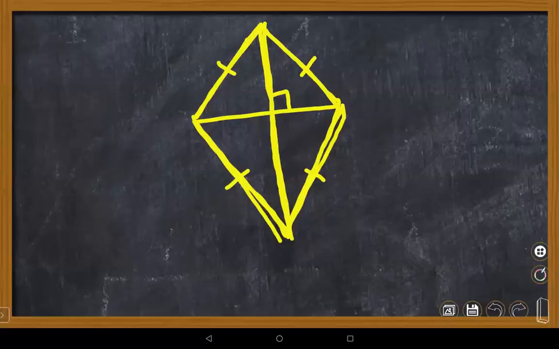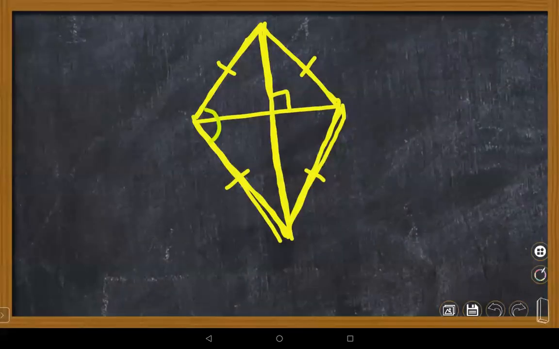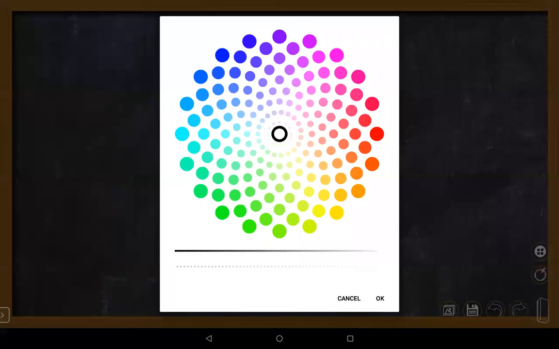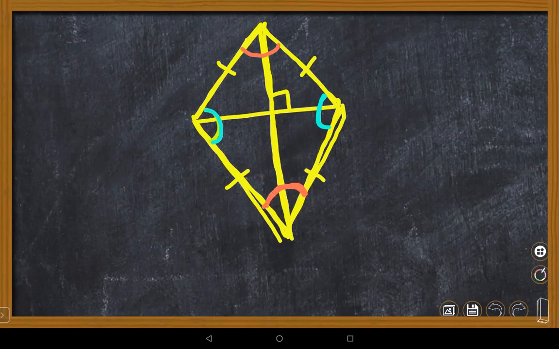Children, please remember this. If this angle is equal to this one, and if you take that, this angle is equal to this. Opposite angles are equal.